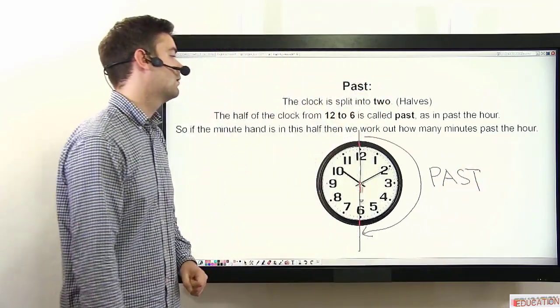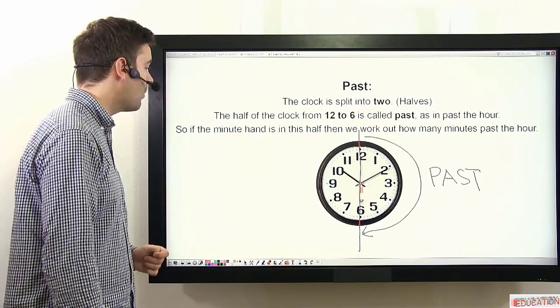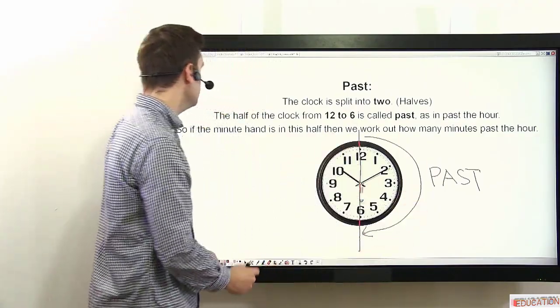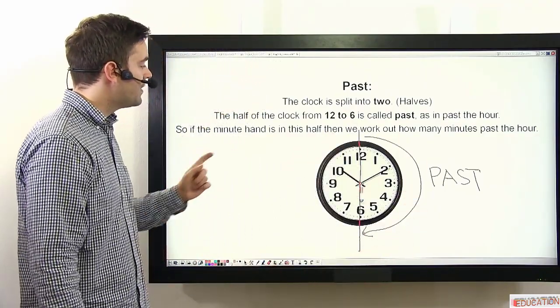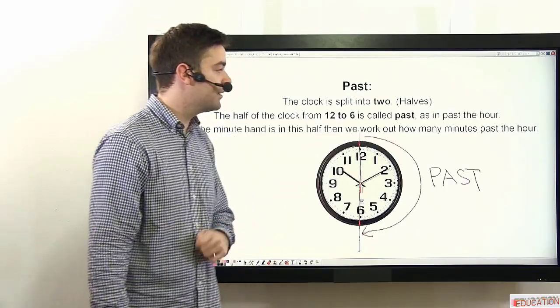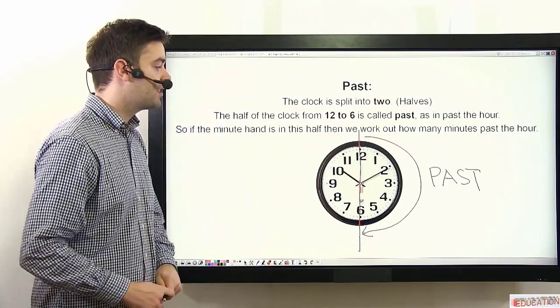The past, as in past the hour. So if the minute hand is in this half, then we work out how many minutes past the hour.